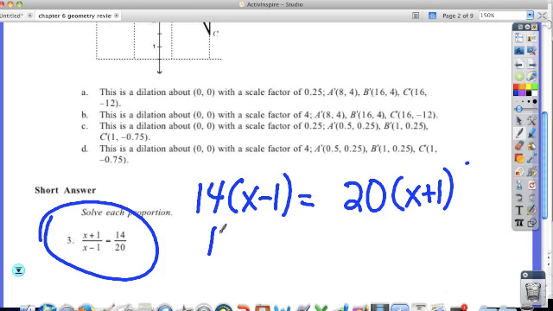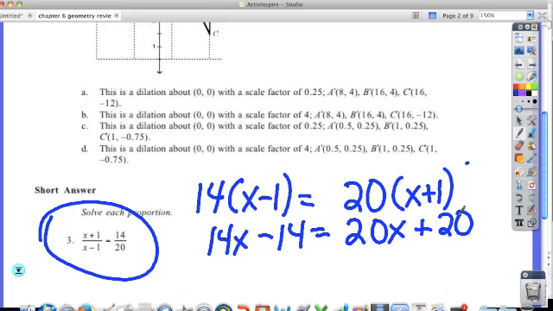14 times x is 14x. And 14 times negative 1 is? And 20 times x is? And 20 times 1 is? Okay, so I'm going to add 20 over, and I'm going to get positive 6, correct?